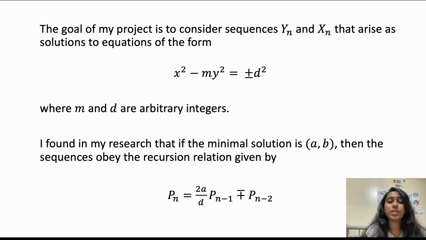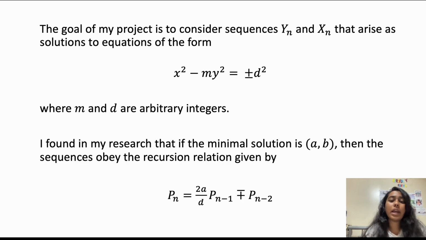For m and d, we can use any arbitrary integer values. In my research, I found that the minimal solution is a and b for any equation of the form x squared minus m y squared equals plus or minus d squared.